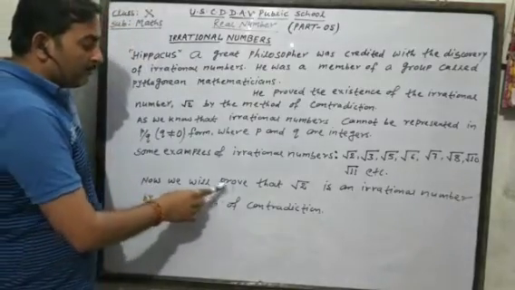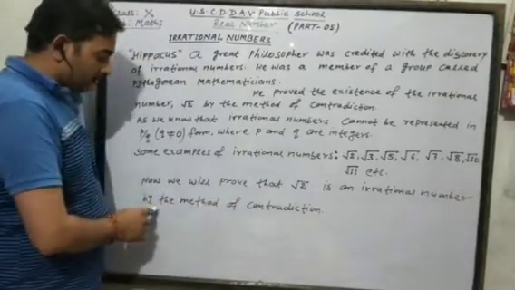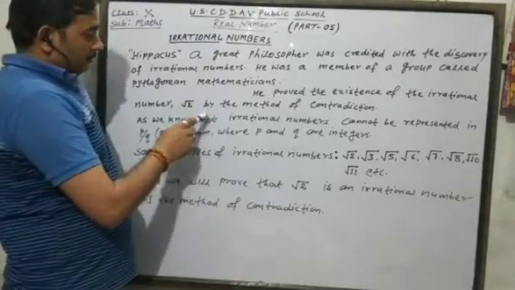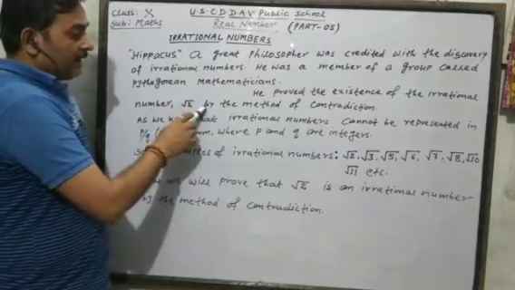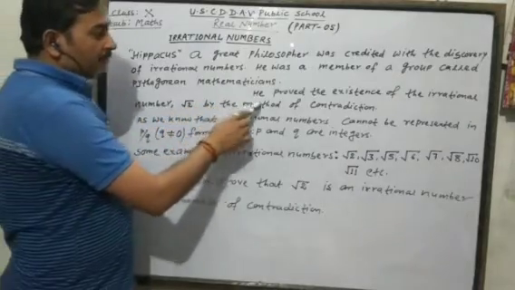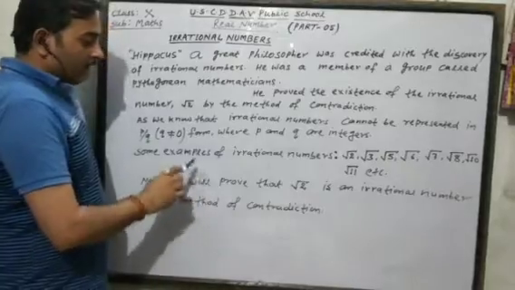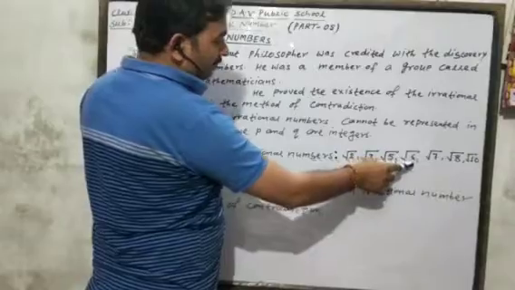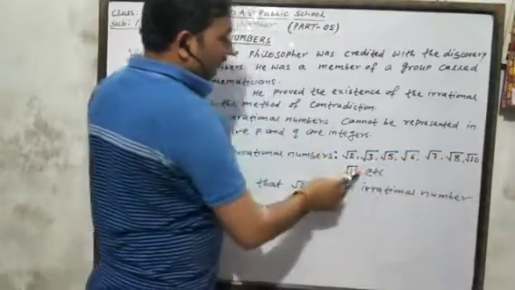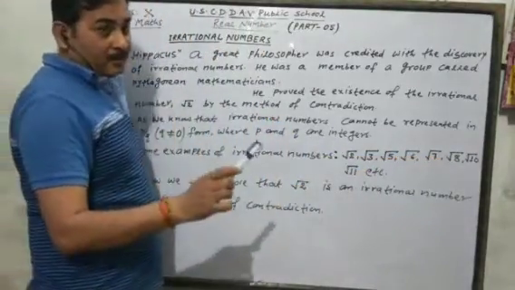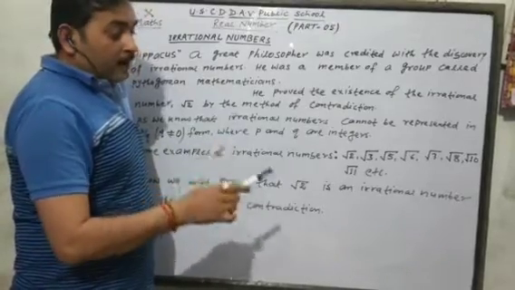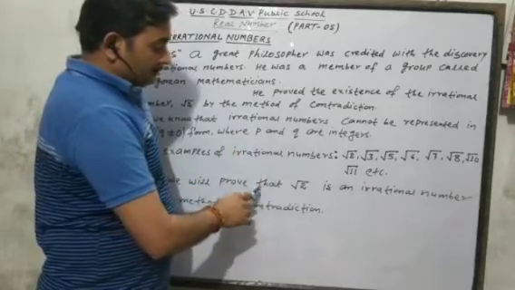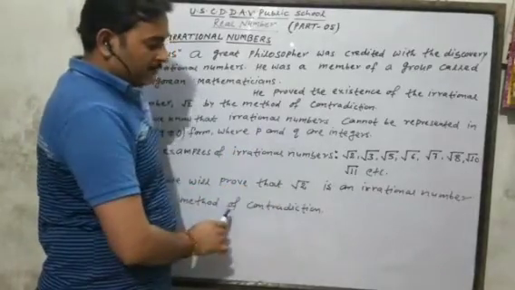Now we will prove that √2 is an irrational number by the method of contradiction. As Hippocrates has proved that √2 is an irrational number by the method of contradiction, we can also prove that √2, √3, √5, √6, √7, √8, √10, √11, and the square root of any non-perfect square are irrational numbers.